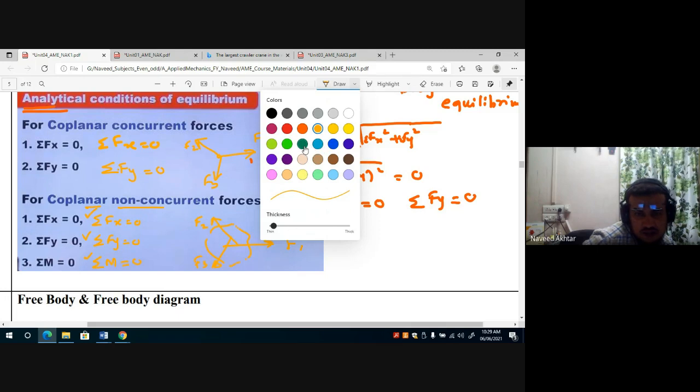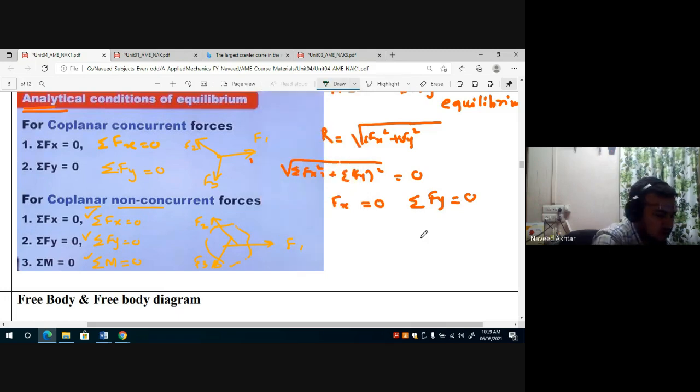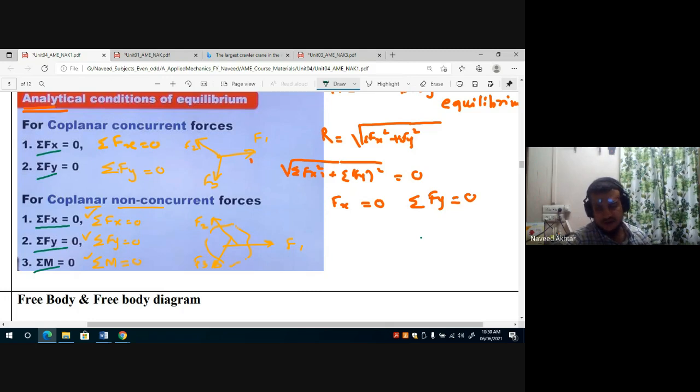So for a non-concurrent force system: summation of Fx is equal to 0, summation of Fy is equal to 0, and summation of moment is equal to 0. If the system is coplanar and concurrent, only two conditions: summation of Fx is equal to 0 and summation of Fy is equal to 0. And this equilibrium condition will keep the body at rest. It will not move because the net force acting on the body is nothing but 0.